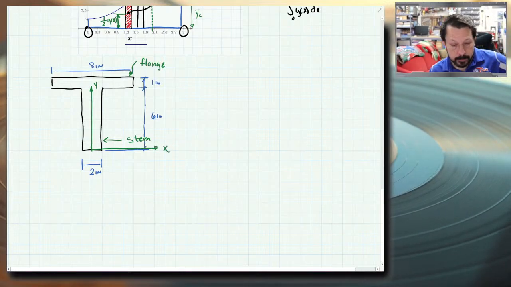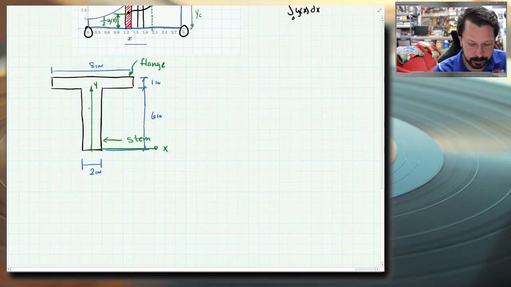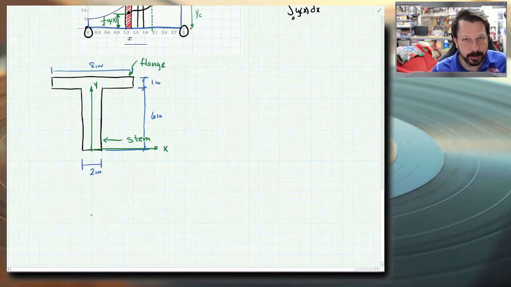So assuming it has this symmetry, we know that based on where I drew the origin, x sub c is 0. We know that the centroid lies on this y-axis. Now, if I put the y-axis somewhere else, that's not true, but it's on this line, whether or not this is the y-axis.